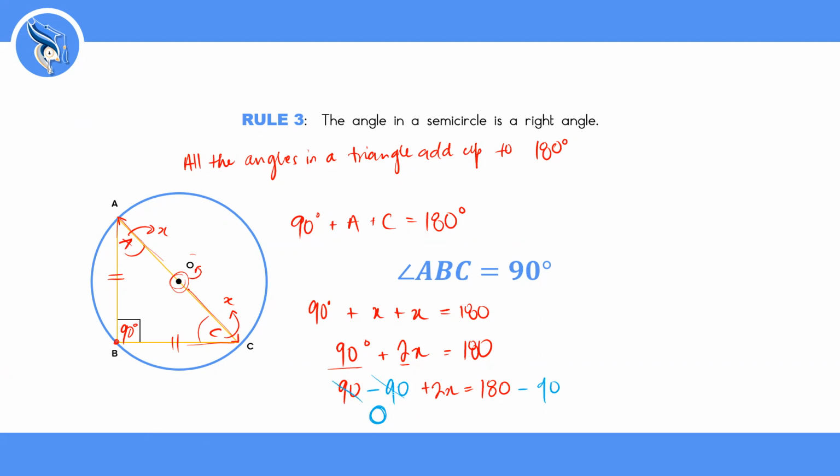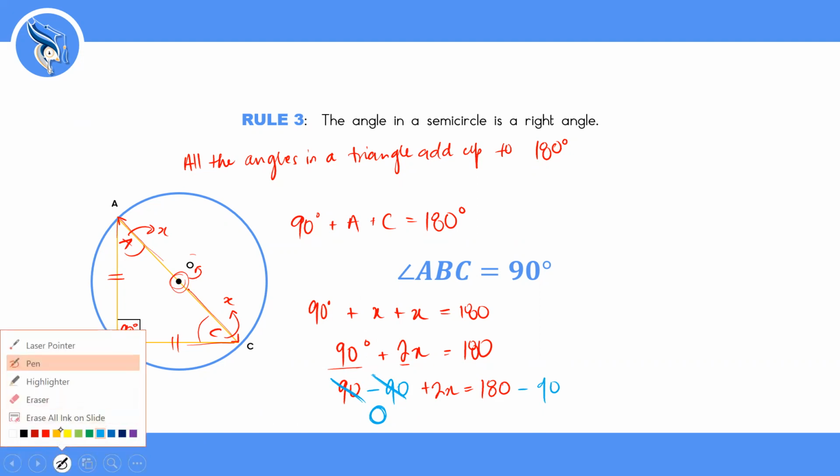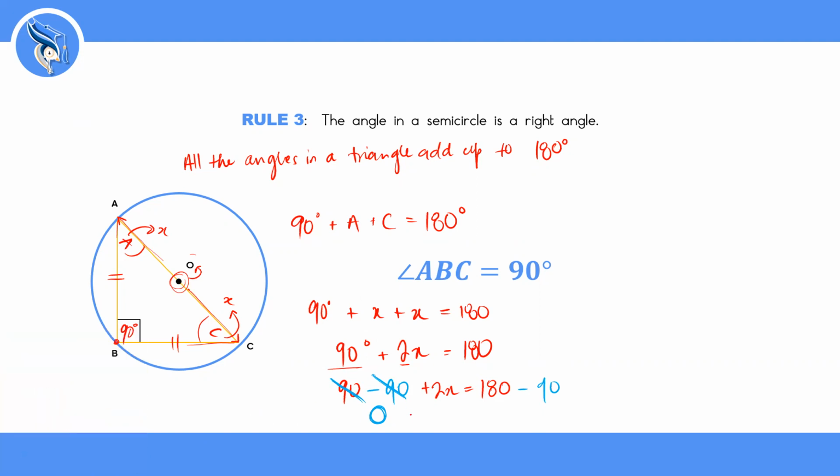But usually I just cross them out because there's no need to write the 0 because it doesn't really have any value. So now we have plus 2x, right? And 0 plus 2x is 2x, is equal to 180 minus 90. That's 90, right? So I'm going to start writing up here.